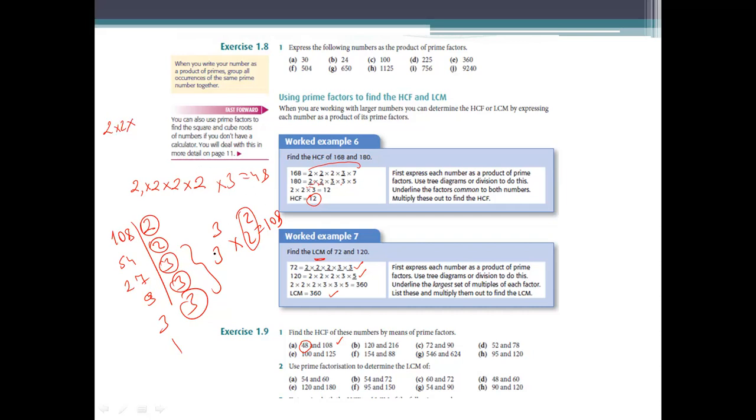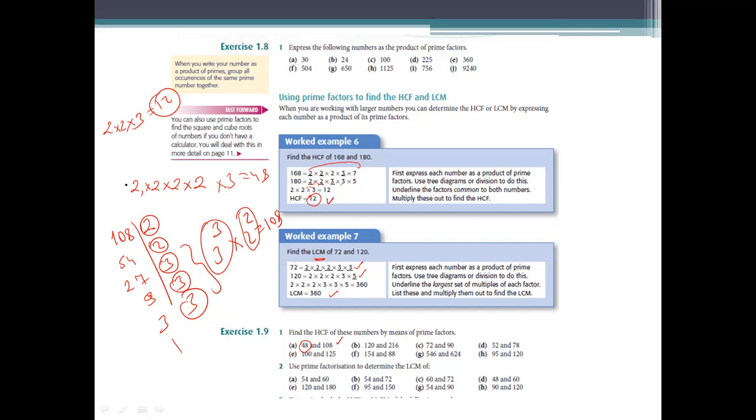And which one is smaller than the other? 3, as we have only 1 time, but here 3 times. So 2 times 2 times 3 is 12. And the HCF of 48 and 108 by prime factors is 12.